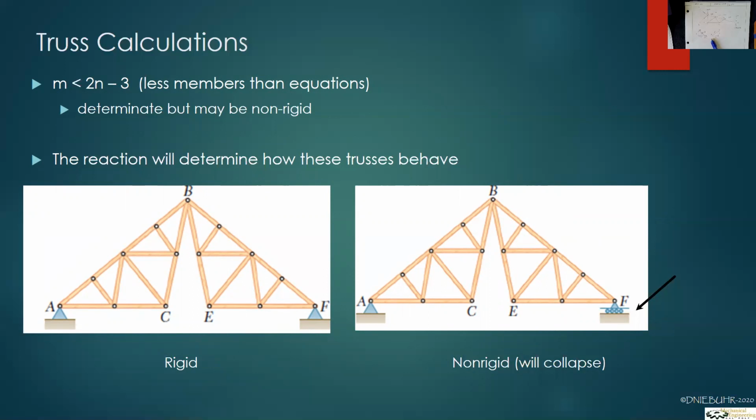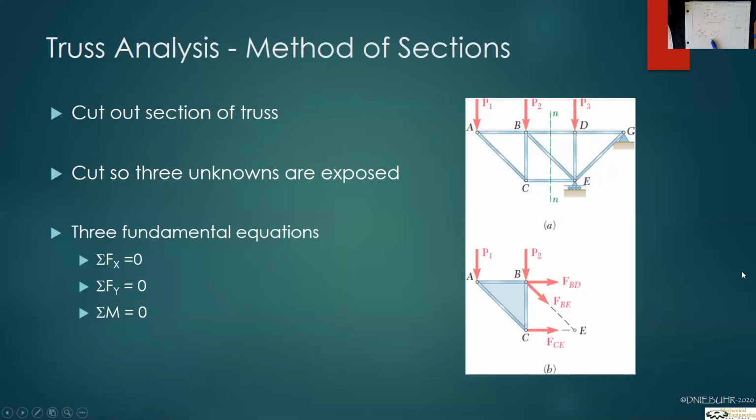But if you think of this practically, if the joint B can support no rotation, then any force that you apply to this truss is going to cause it to collapse. Basically, F will move to the right and the truss will not support the load. So that's it in a nutshell.